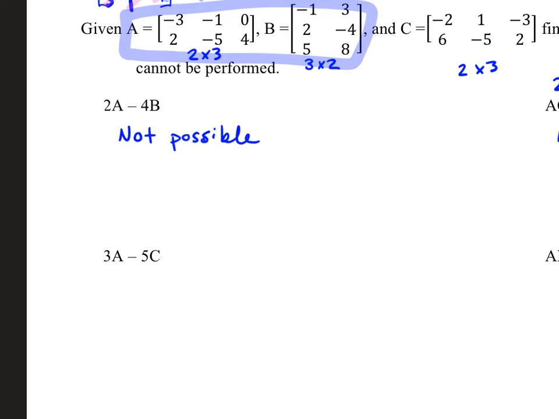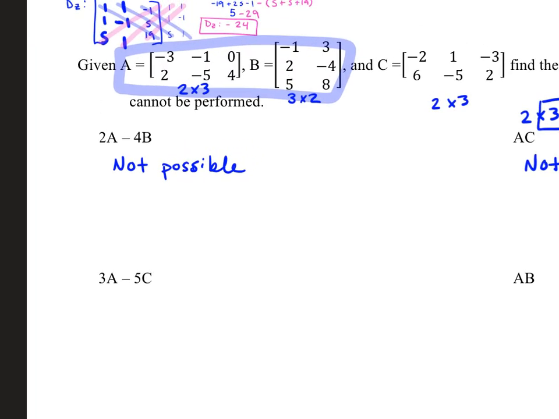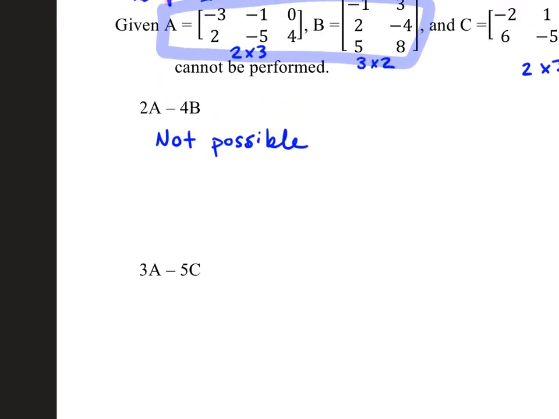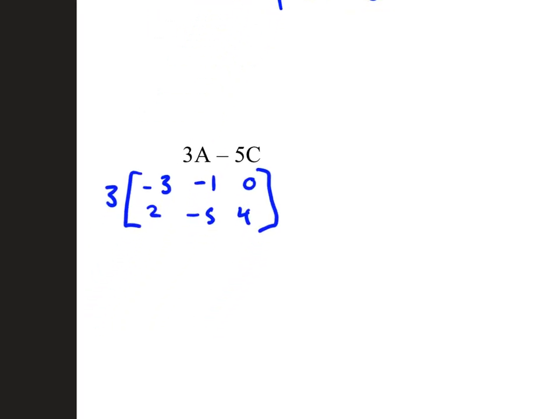All right, can we subtract A and C? Are they the same dimensions? Yes. So let's find 3 times matrix A. We are just multiplying everything in matrix A times 3, so we just have to distribute the 3 to everything.